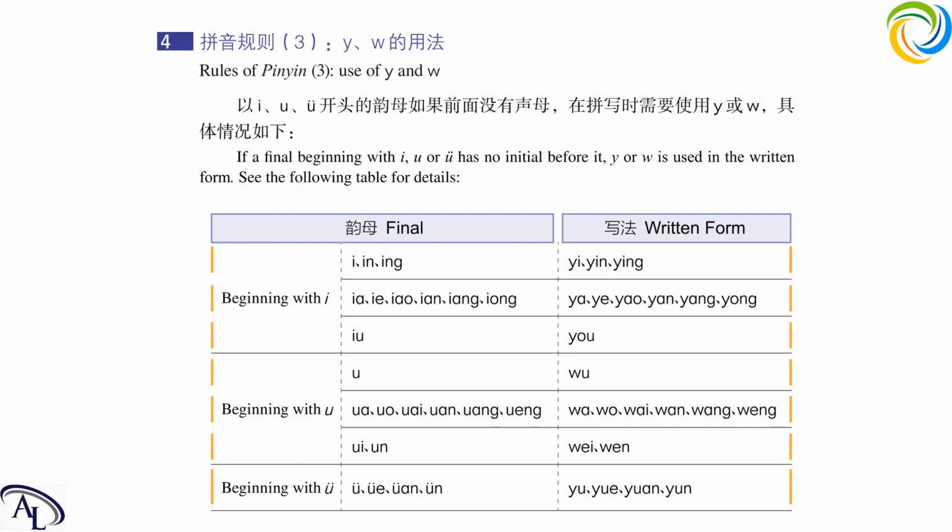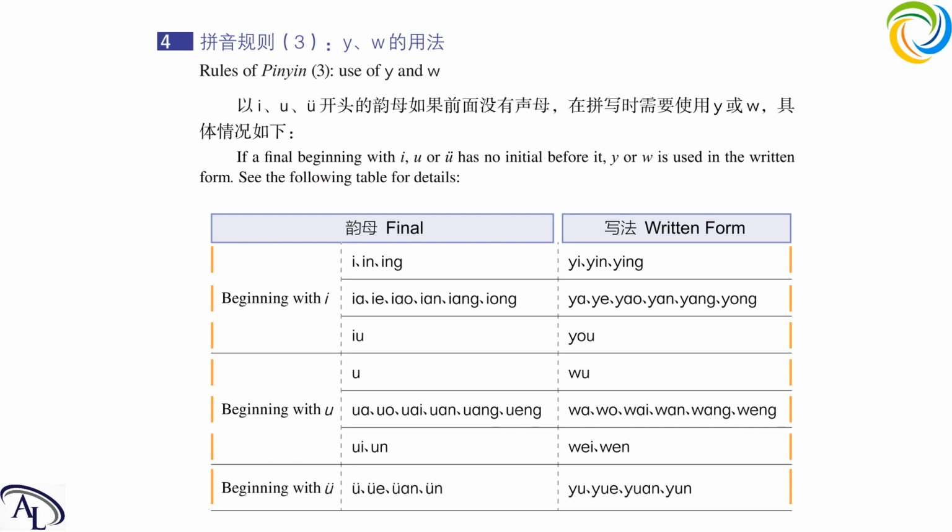The rules of pinyin, the use of these two initials, y and w. For this is y, for this is w. And the rule is like this. When the finals begin with i, u, ü, these three, when they have no initials but they can make a syllable, then we will put y and w before it when we're writing it.